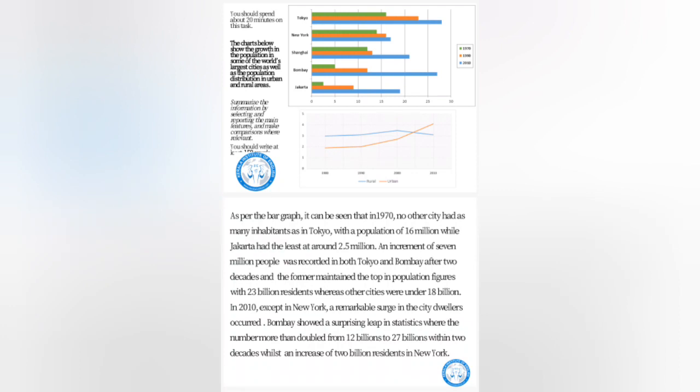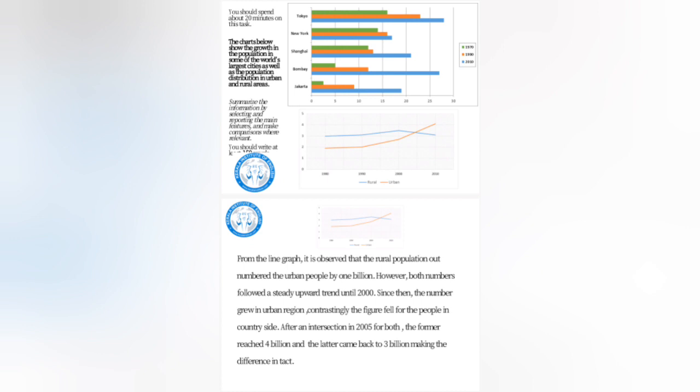Now let's analyze the line graph and describe it. From the line graph, it is observed that the rural population outnumbered the urban people by 1 billion. Now it's the global level, by the way. However, both numbers were following an upward trend.